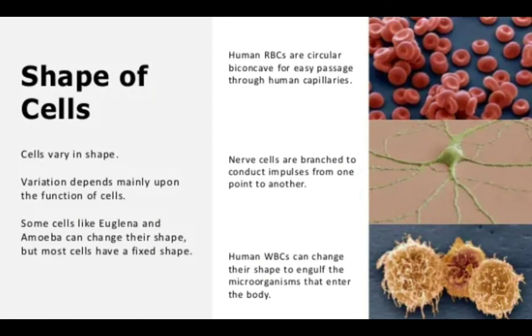Nerve cells are branched to conduct impulses from one point to another. Human WBCs can change shape to engulf the microorganisms that enter the body. Yes, the police force of the body.